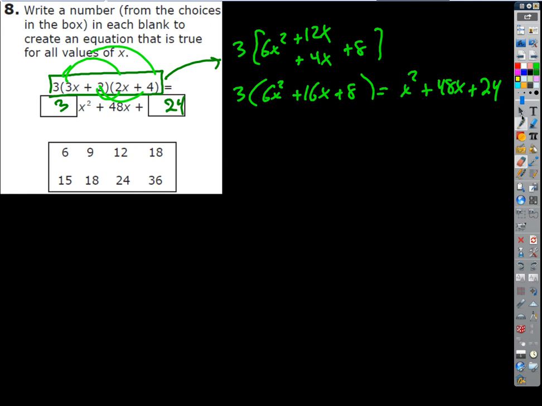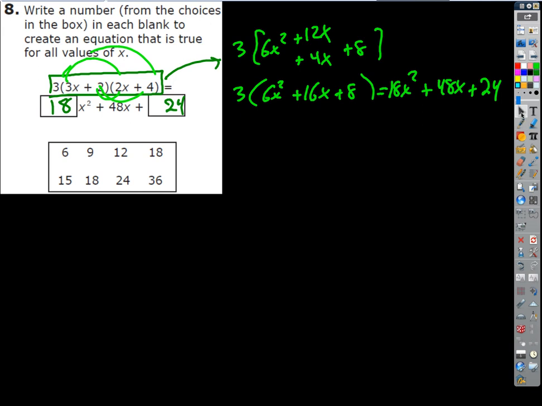So we would have definitely found that. So it's 18, which makes this an 18. Okay? Make sense? To check it, we could easily plug in like 1 and just see if it works, right?